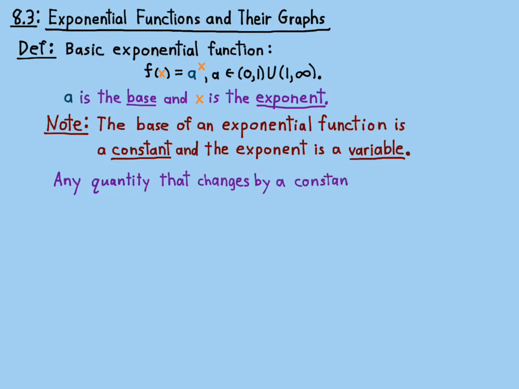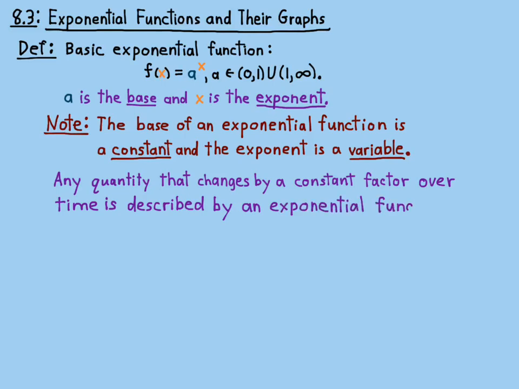Any quantity that changes by a constant factor over time or distance or whatever is described by an exponential function. So what does that mean? A constant factor means there's some constant that you could keep multiplying it by. So say that your population doubles every 50 years, okay?